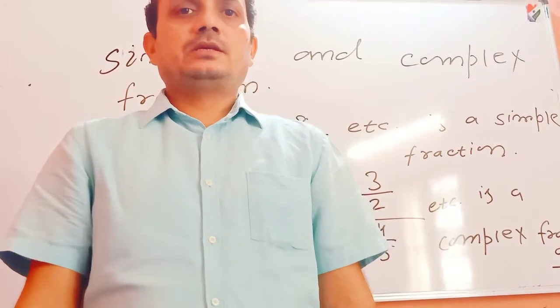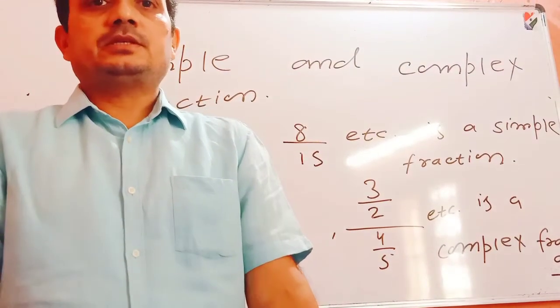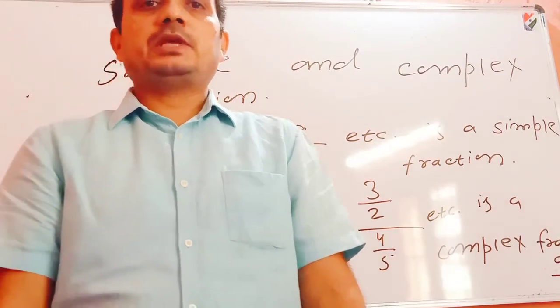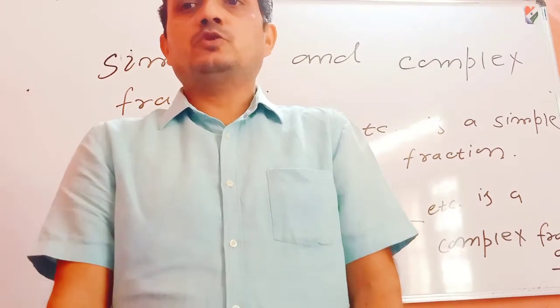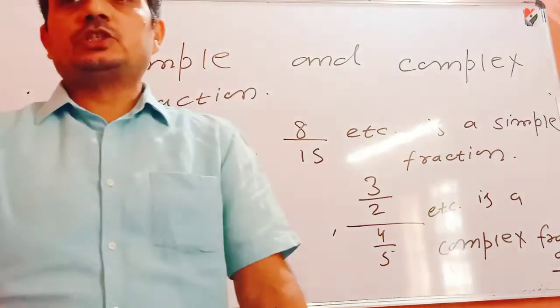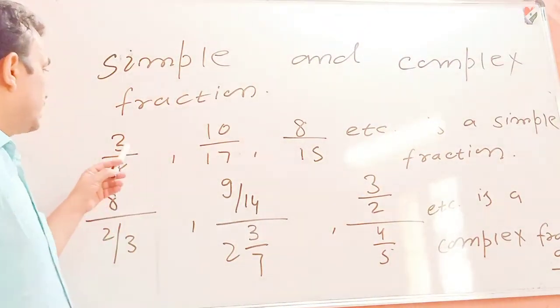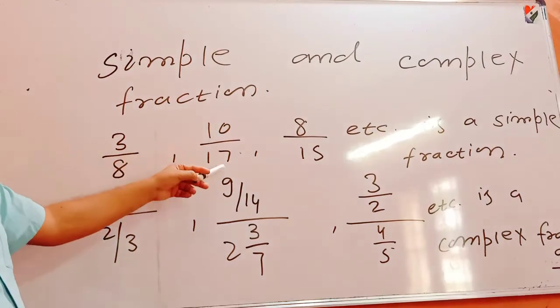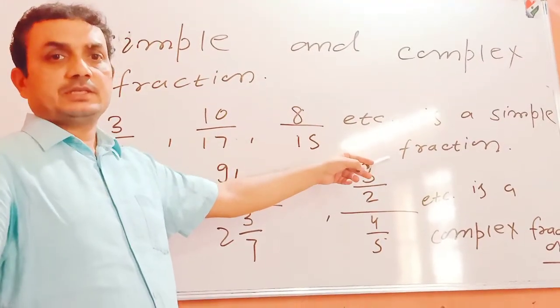I have explained earlier. I repeat, the explanation of simple and complex fractions. A fraction whose numerator and denominator both are whole numbers is called a simple fraction. In this case we see that 3 by 8, 10 by 17, 8 by 15 are simple fractions. Clear?